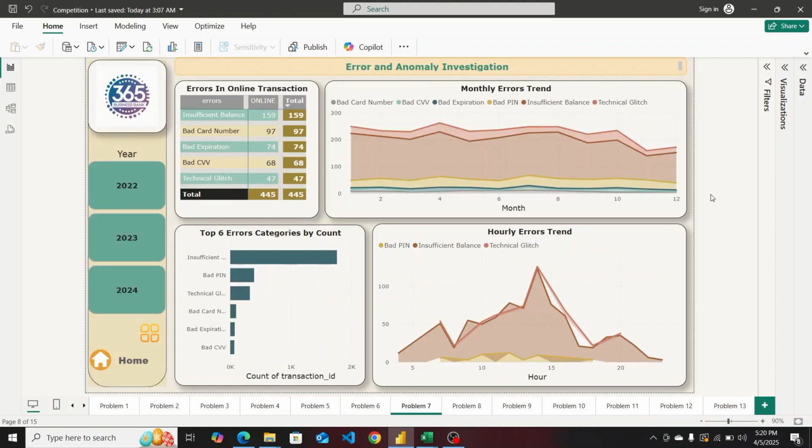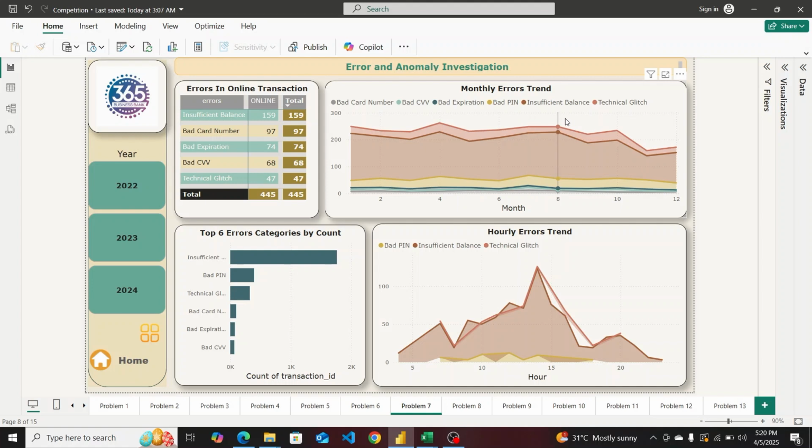This is problem 7, which is error and anomaly investigation. Now we have to dive deeper into the errors. While using online transactions, insufficient balance occurs 159 times, and bad card number occurs 97 times. Then we move to the monthly error trend.